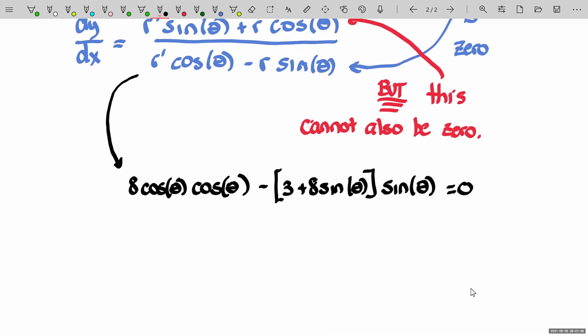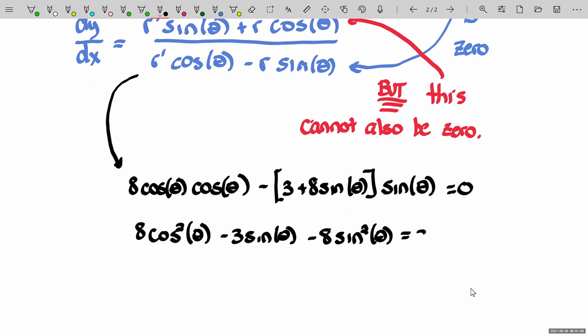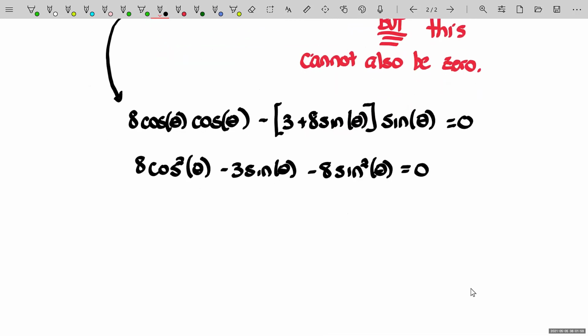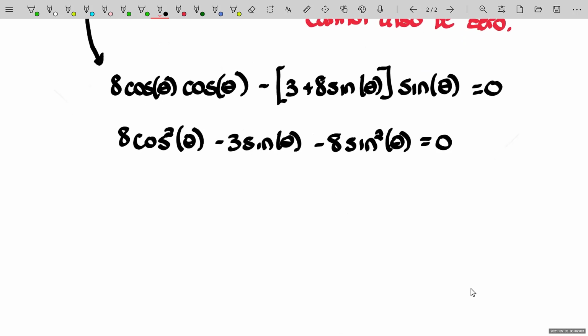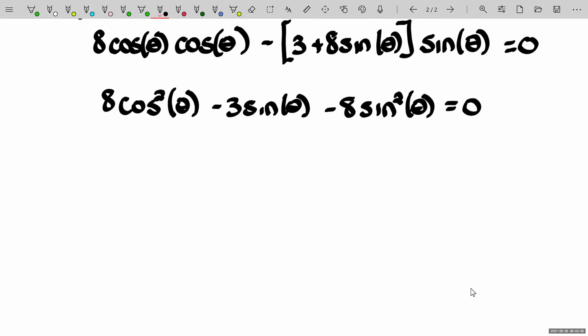Let's go ahead and clean things up. That'll be 8 cosine squared of theta minus 3 sine of theta minus 8 sine squared of theta is equal to 0. Solving trig equations is incredibly important. So here I'd like to get everything in terms of sines.